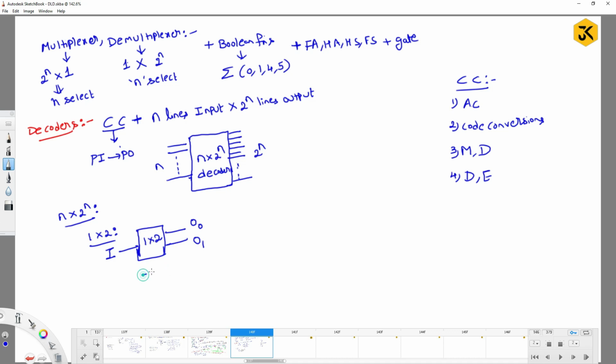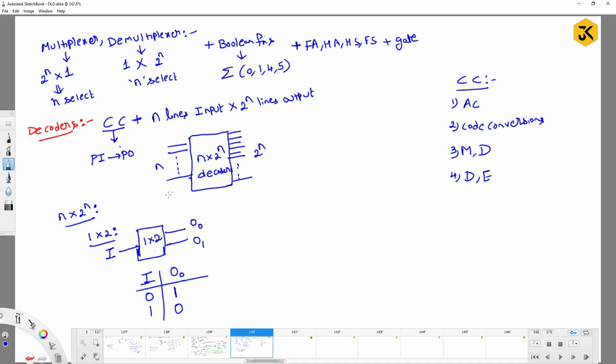What range does I take? As we have only a single variable, it has two possible values, 0 or 1, right? At the output line O0, if input is 0, O0 output is 1, and if input is 1, O0 output is 0.